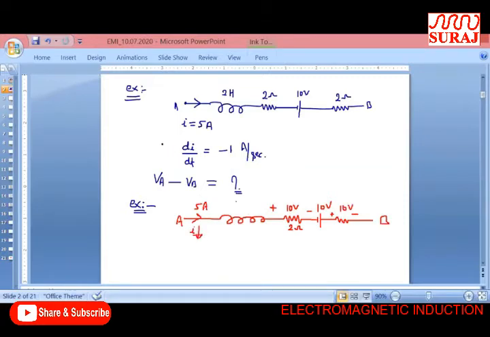The thing is, here the current is decreasing. How do you know the current is decreasing? Because di/dt is given negative. If the current is decreasing in this direction, then the induced EMF in the inductor will try to increase this current. For that, the EMF induced in this inductor will be of this polarity.